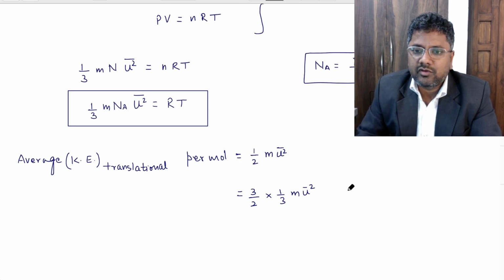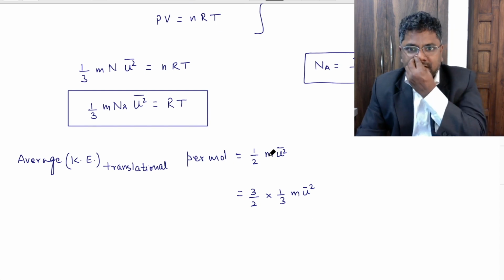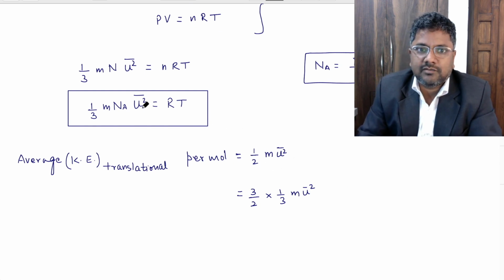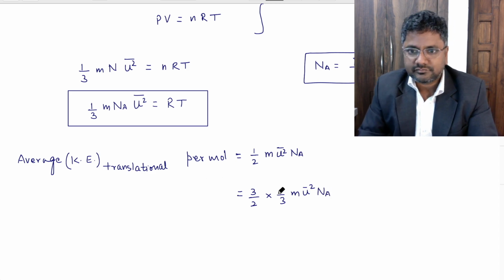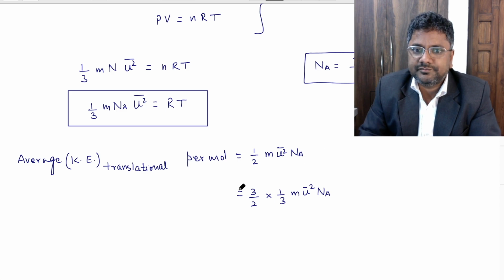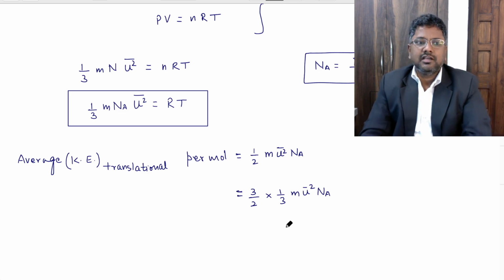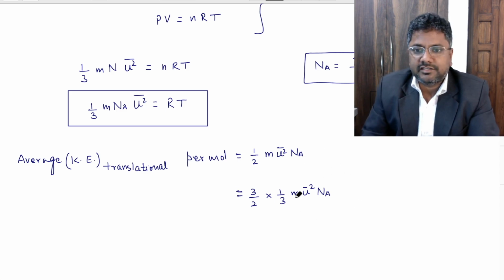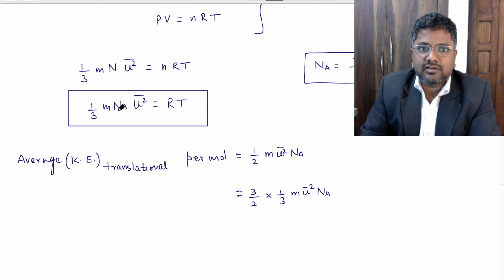This is for 1 molecule, so per mole we multiply by Avogadro's number. So here Avogadro's number will also come. So this is equal to 1 by 3 m u bar square Na, which is equal to RT.